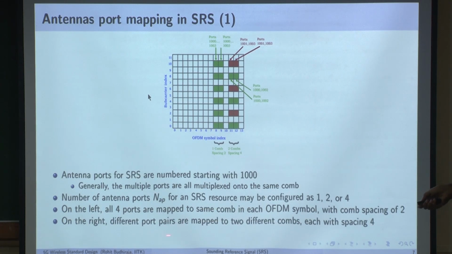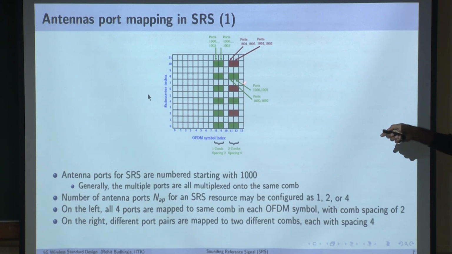And here, look at this. On the right, different port pairs are mapped to 2 different combs, each with a spacing of 4. On the red one, how many ports are mapped? 2 ports. And on the green one, how many ports are mapped? 2 ports. So we'll have to create some kind of code division so that you can differentiate these 2 ports.